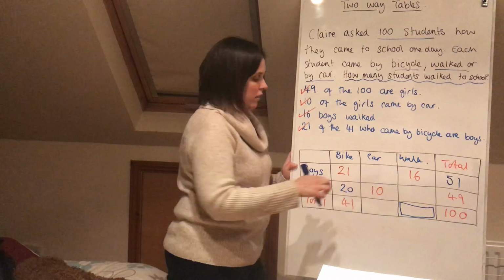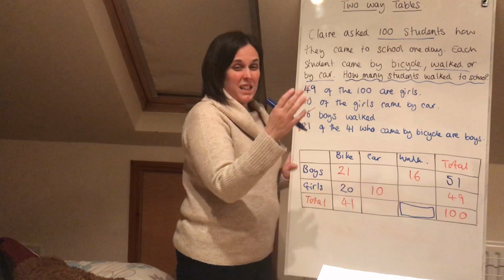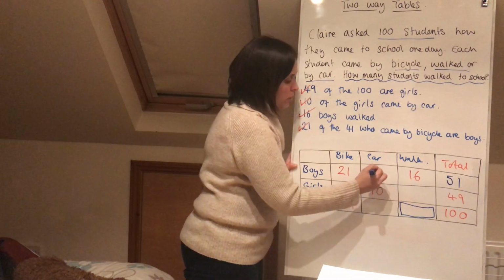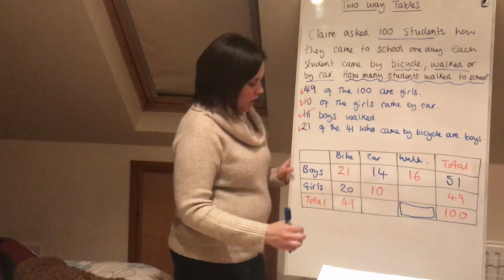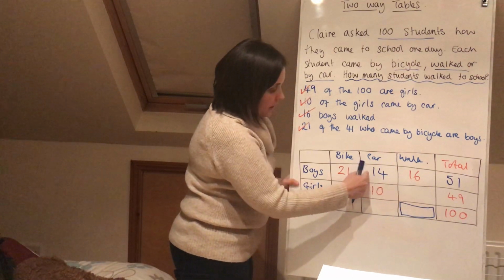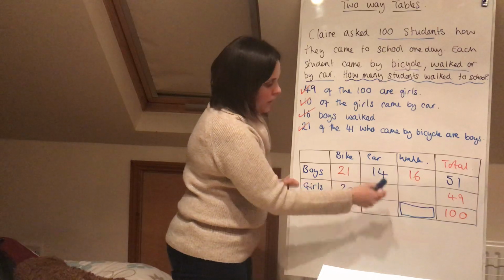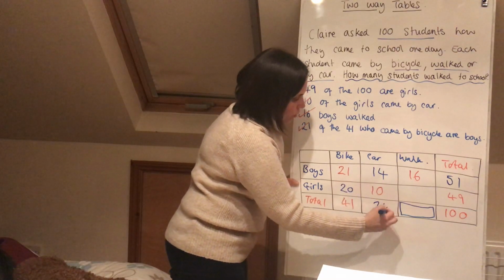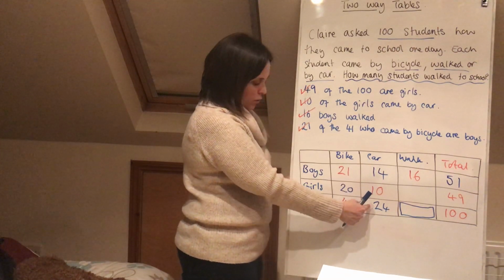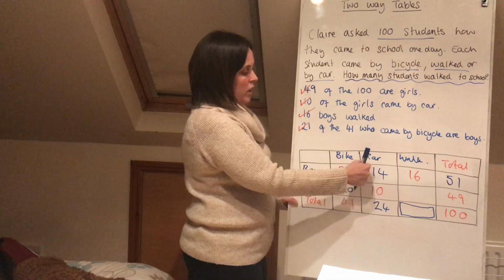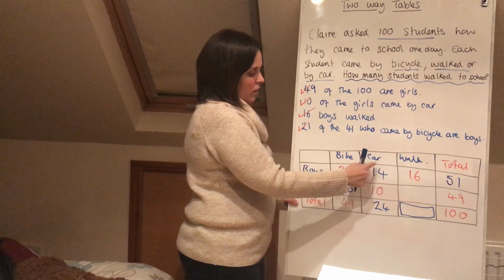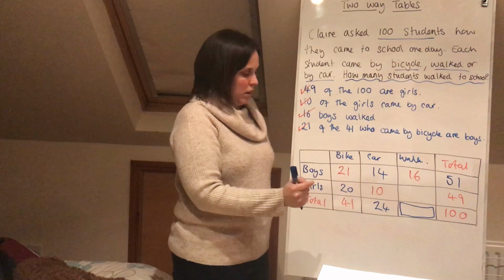So if you do that calculation, 21 plus 16, and take that away from 51, that leaves you with 14. And then if you add those two together, 10 and 14, that gives you 24. So we know that the total number of people who travel by car is 24, and obviously 14 boys travel by car, and so on.